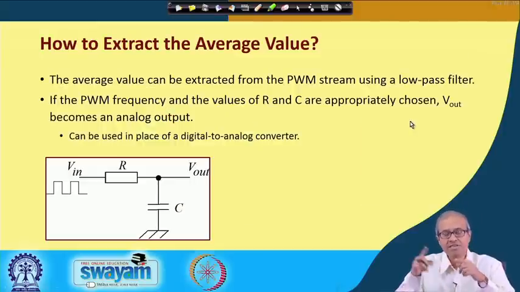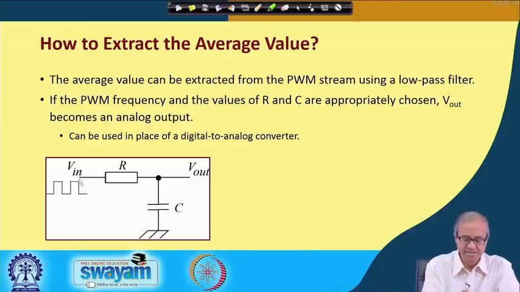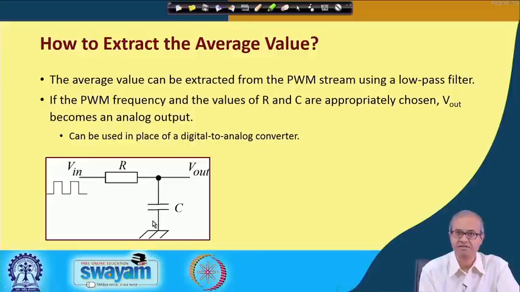Now, from this PWM waveform, how can we extract the average value? Well, the simplest way is to use a low pass filter. The simplest kind of low pass filter is an RC circuit, a resistance in series and a capacitor in parallel.